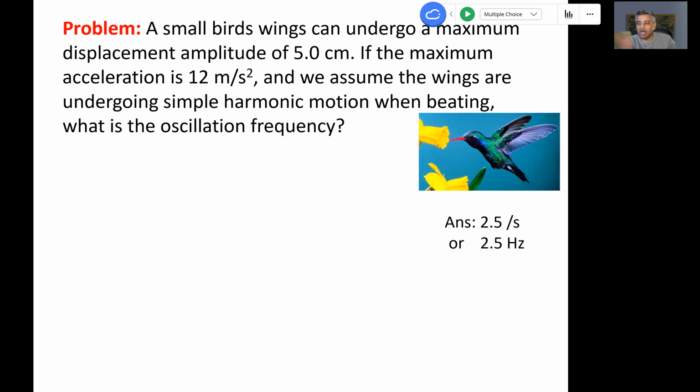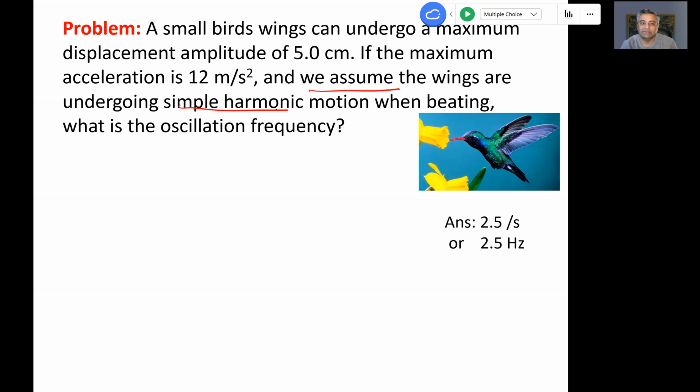So you can model that as, let's say, simple harmonic motion. It says, go ahead, assume this is simple harmonic motion. By saying that, it's telling us that we can use the equation we derived for simple harmonic motion to describe this motion, okay? That's what it is saying.